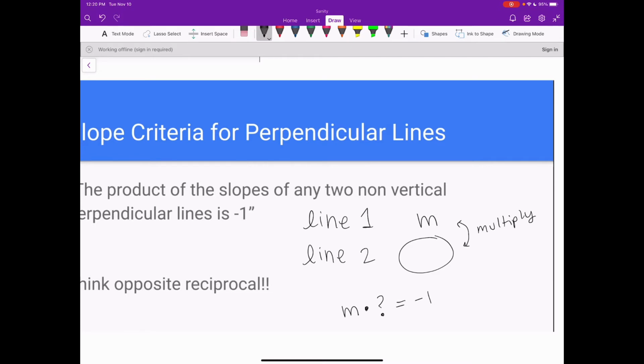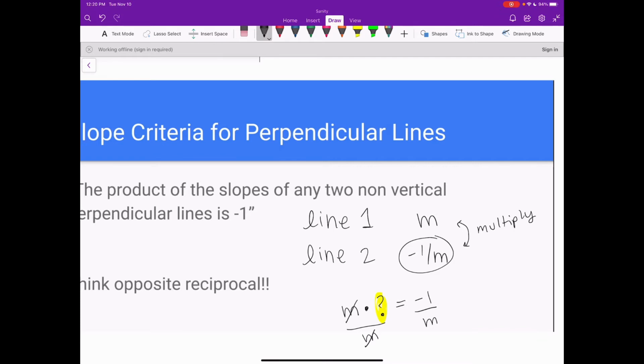If we had to solve for the question mark, it's just a quick divide by m on both sides. It's kind of abstract because we're moving variables around, but it's still the same thing. Get those m's to cancel by dividing by m on both sides. Therefore, the slope of my second line here is -1 over m.